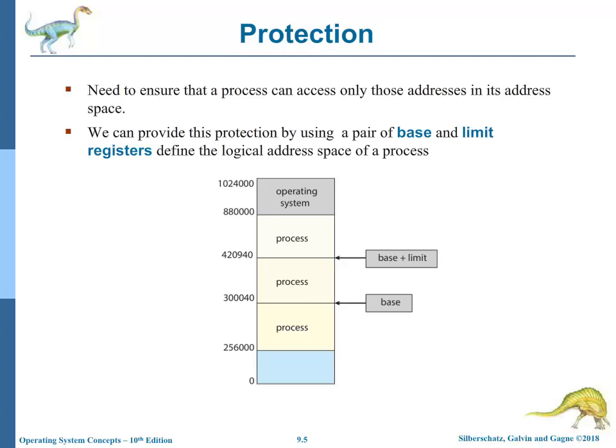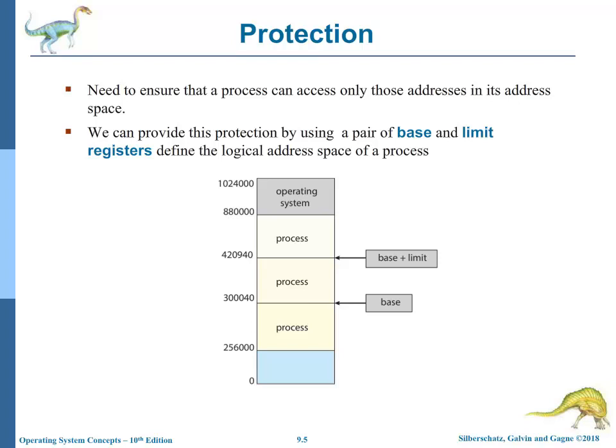We can provide this protection by using two registers, usually a base and a limit. As illustrated in this figure, the base register holds the smallest legal physical memory address. The limit register specifies the size of the range.